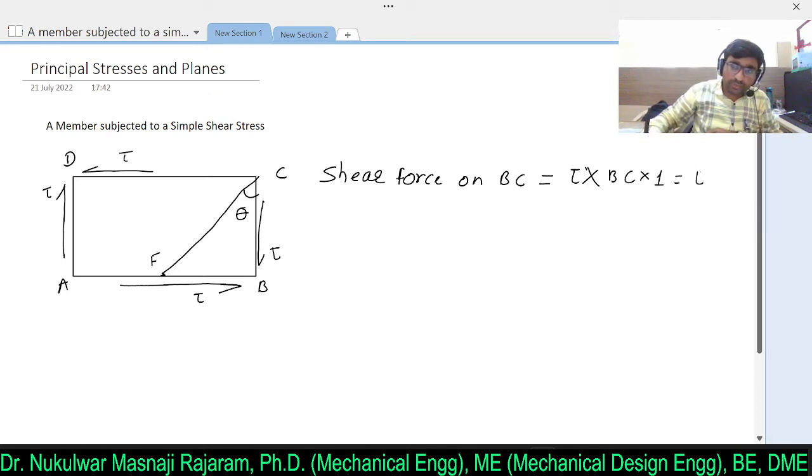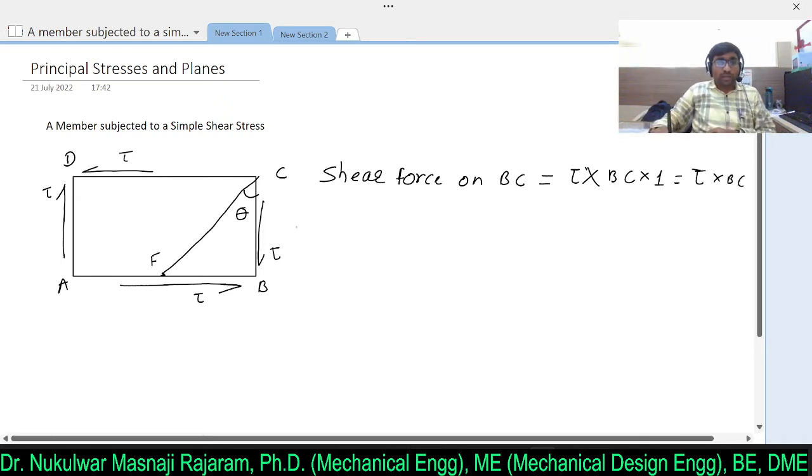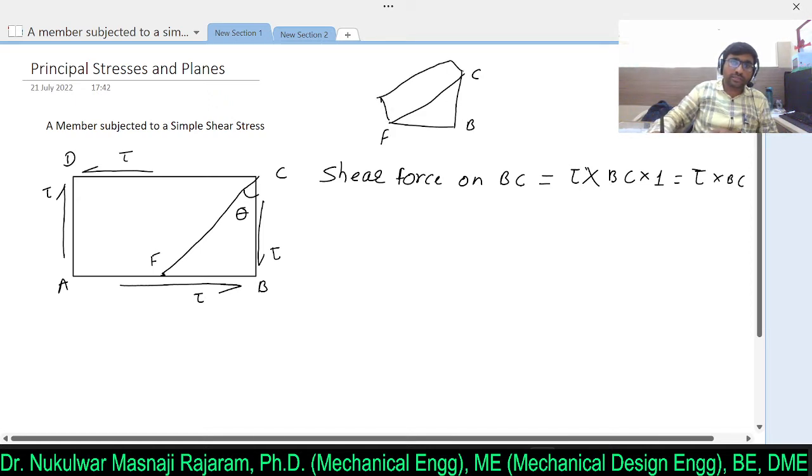So that will be equal to tau into BC. Now we are going to consider this segment only. Which one? This one, CBF, and it is having unit thickness. Clear? So this is our point of discussion on this particular segment.